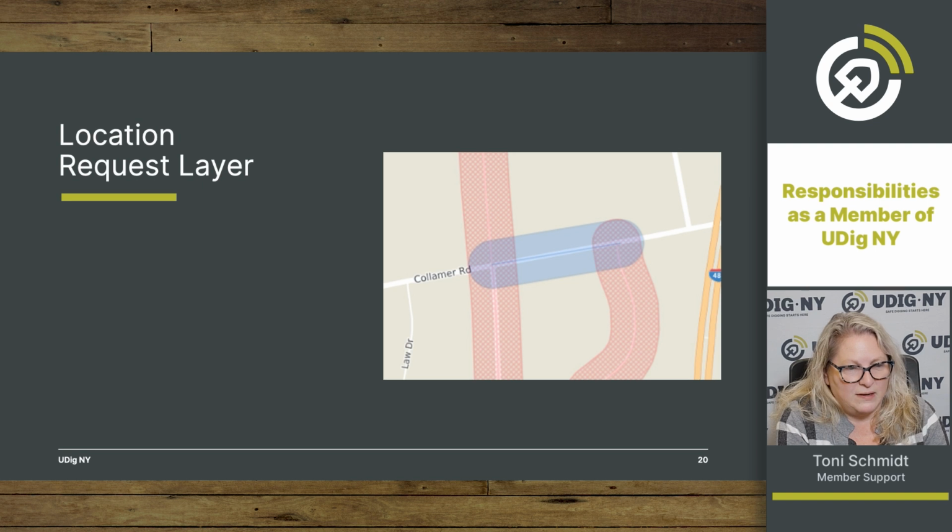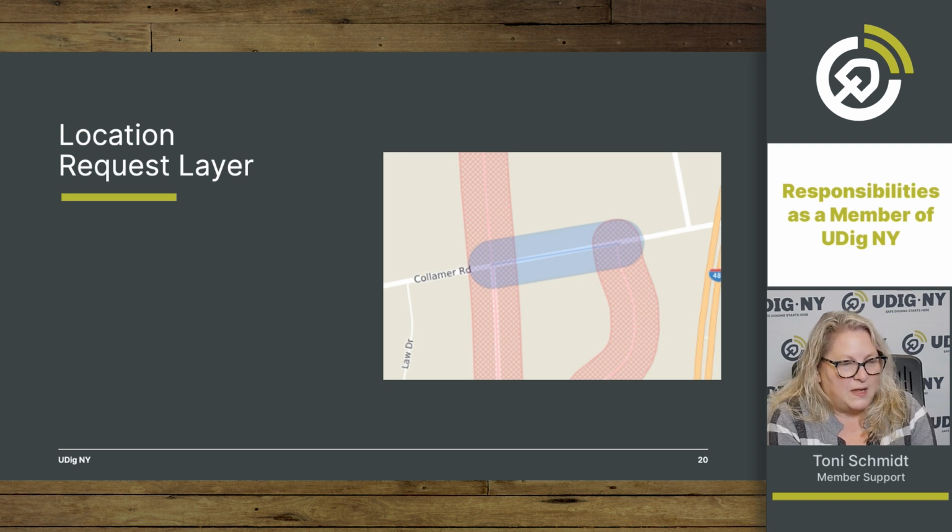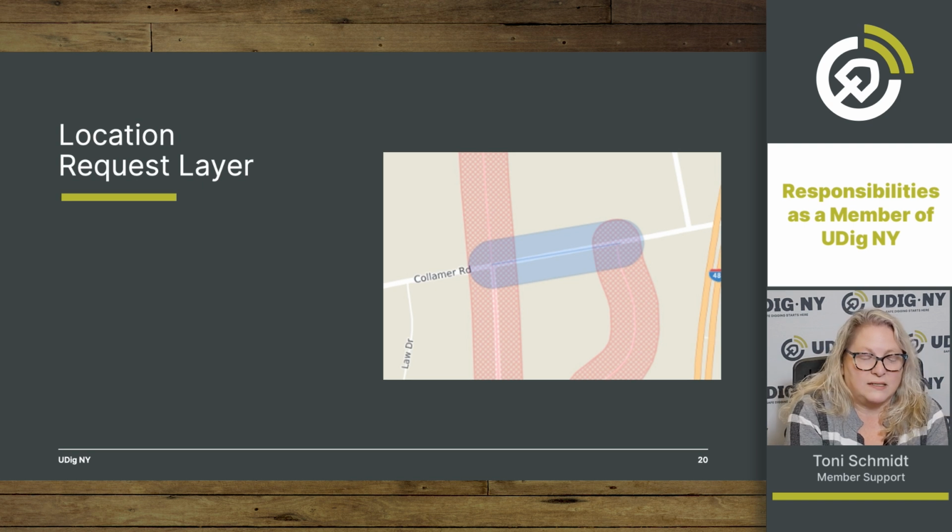Another map layer is then created when the location request is created. We refer to this layer as a dig site layer. The map layer is created by the call center agents or by a web user creating a location request through our website. Web users can be professional excavators or can be a homeowner.